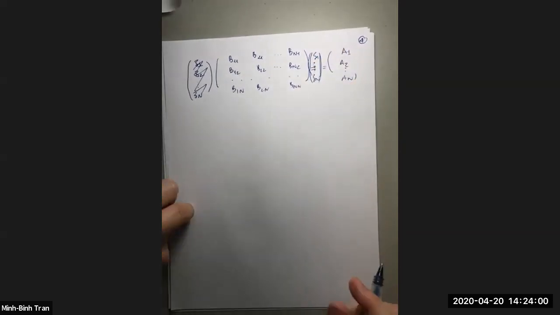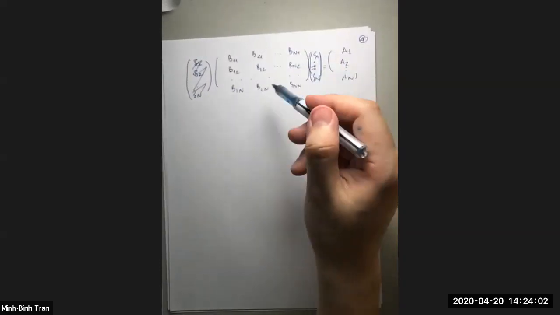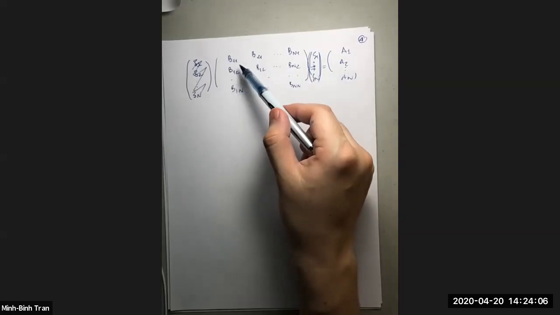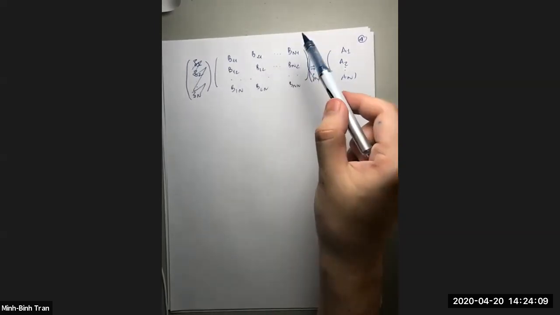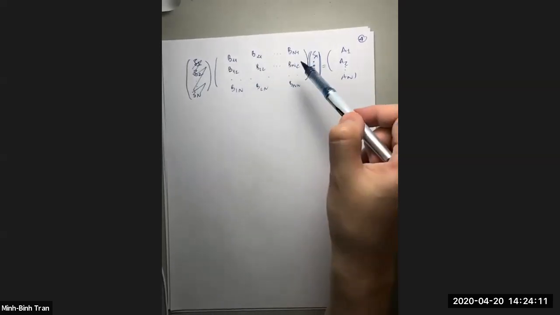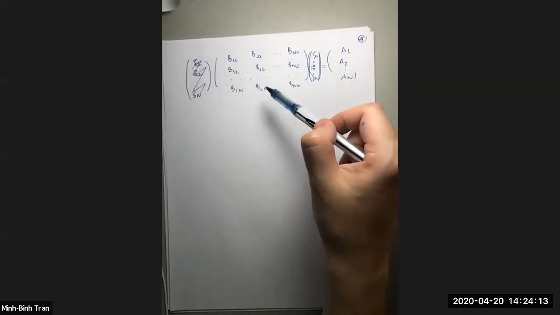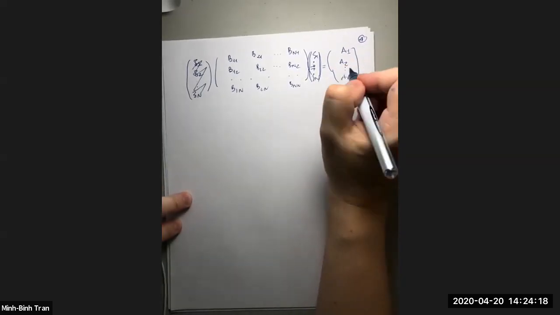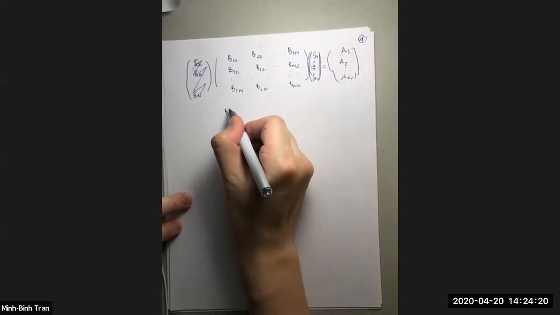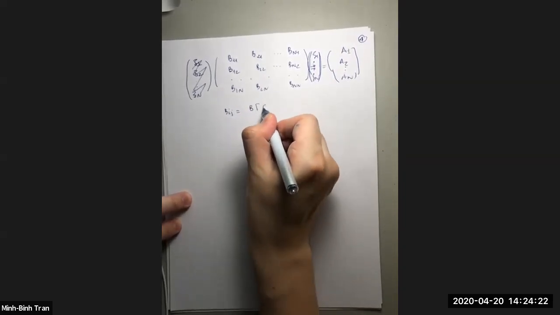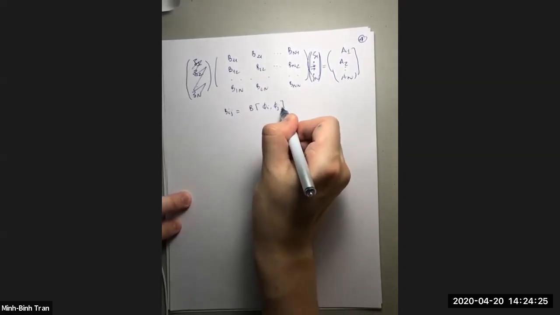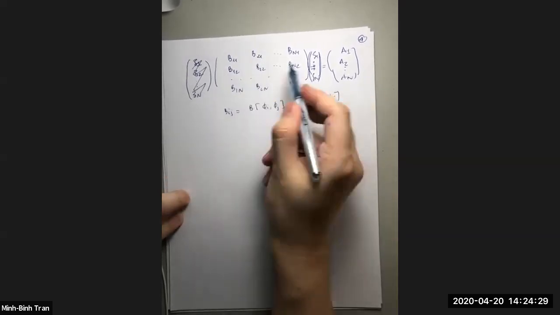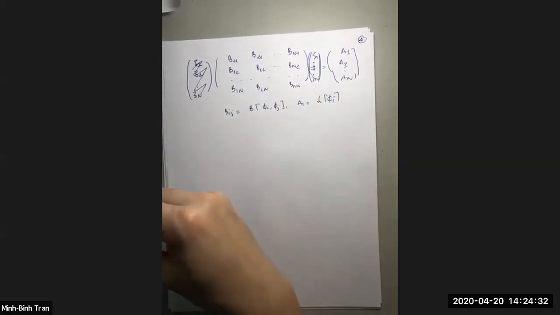After you do that, you're going to have a matrix B, which is B11, B21, Bn1, B12, B22, Bn2, B1n, B2n, Bnn, times C1 to Cn is equal to A1 to An. Bij will be B(Vi, Vj), and Ai will be L(Vi). Then you invert this matrix and you can solve the equation.